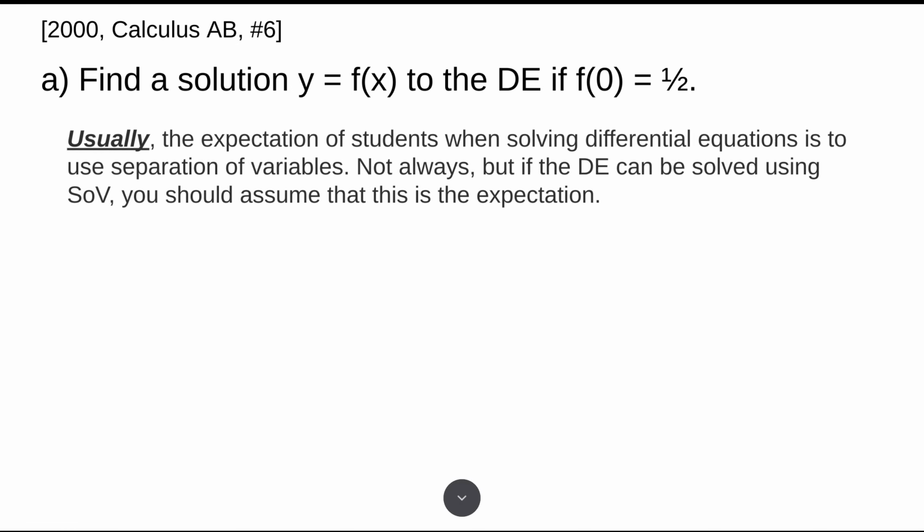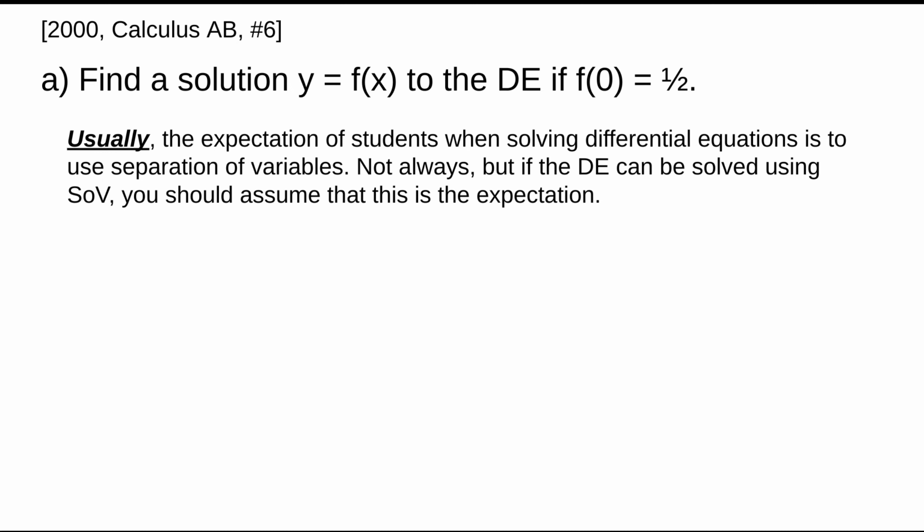Now, when you have a question like this in a free response question, at least on the AB exam, the expectation is usually to use separation of variables because aside from separation of variables, AB students typically don't have any other methods for solving differential equations.